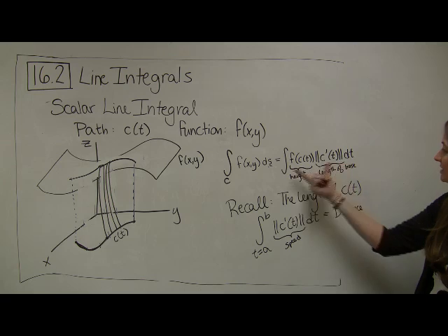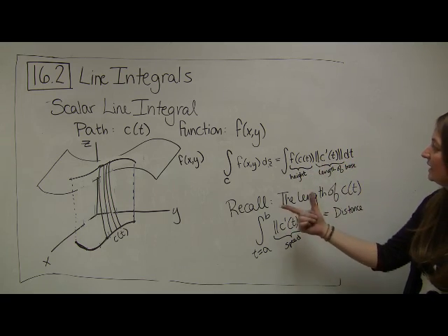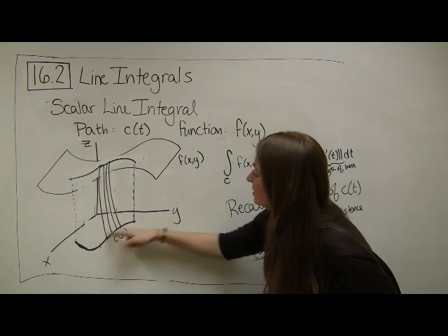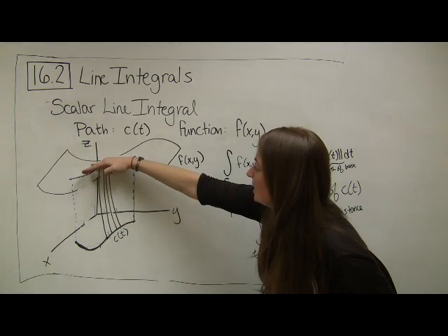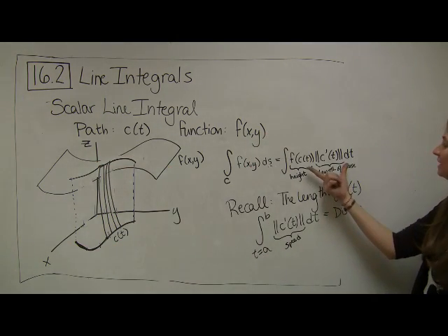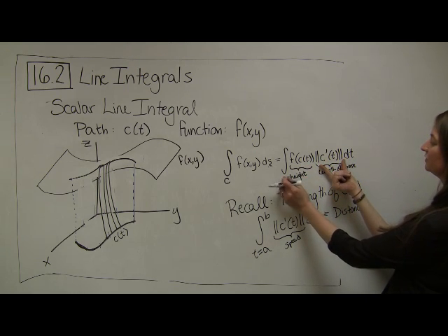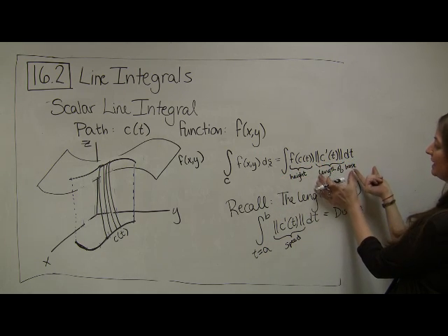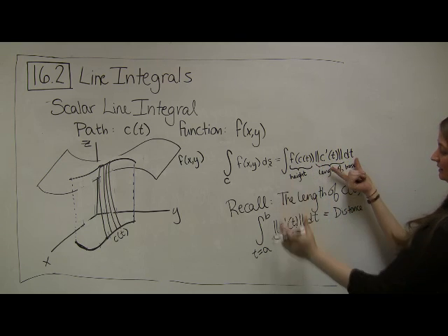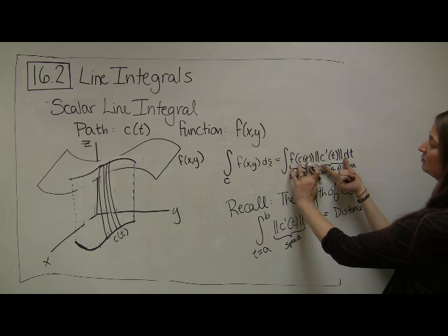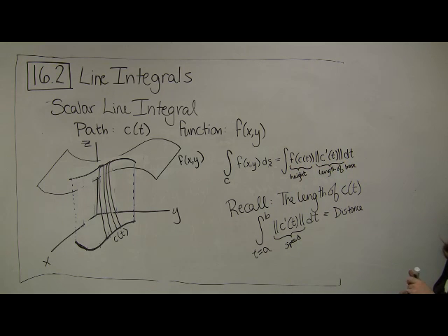And notice where those pieces are in this formula. For my line integral, I want to measure the length of the path and the heights along that path. That's exactly what this integration is doing. For each incremental value of t, the length of the base is given by this. That's what my arc length is. And then I'm adding up all of those arc lengths, multiplying by the height at each place.